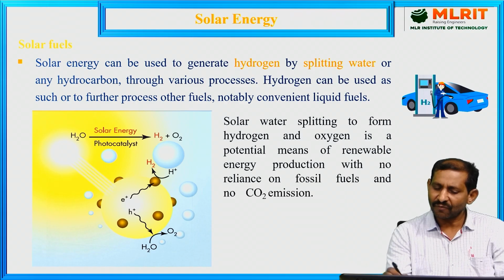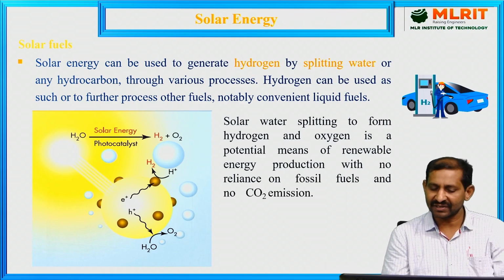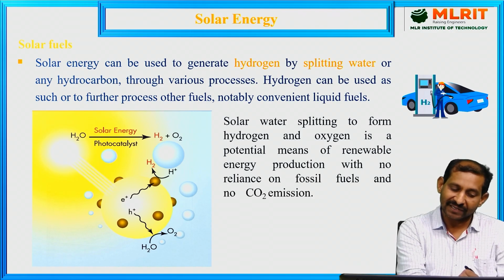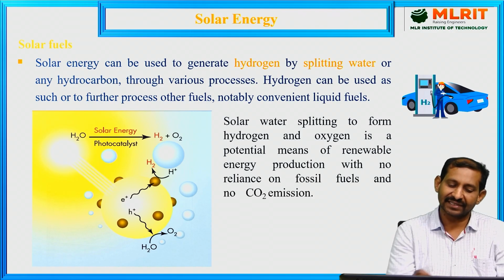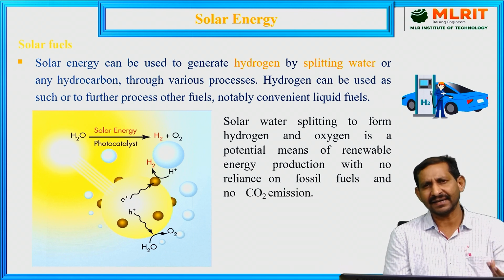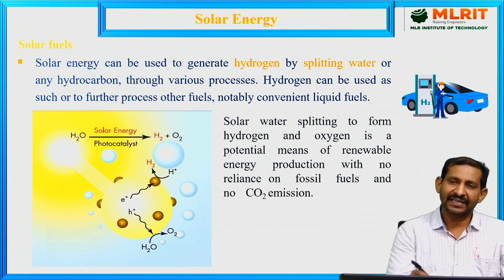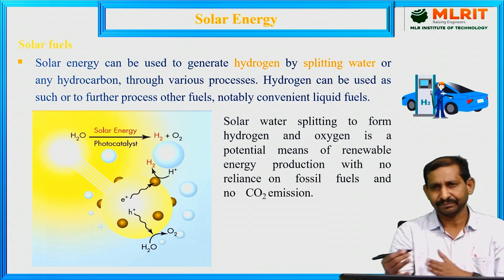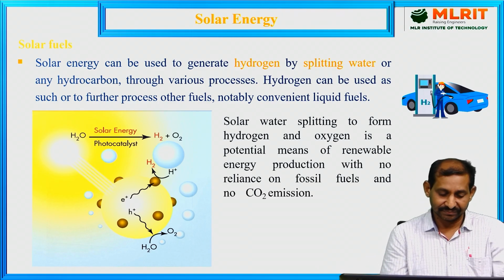Solar water splitting to form hydrogen and oxygen is a potential means of renewable energy production. Water is split by solar energy, which is called photolysis, using different catalysts, and the hydrogen is used as a fuel energy source.